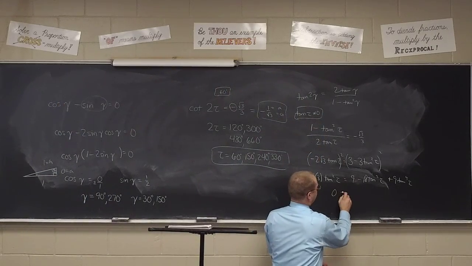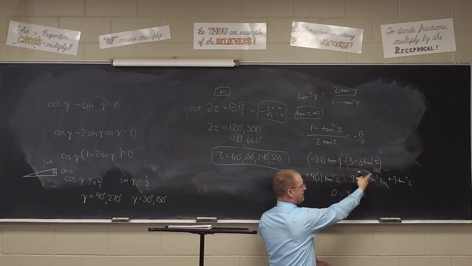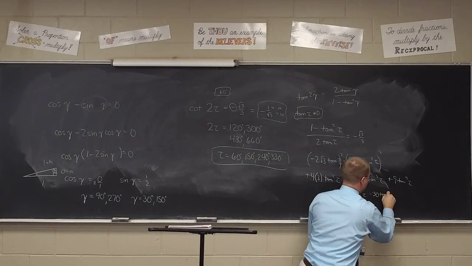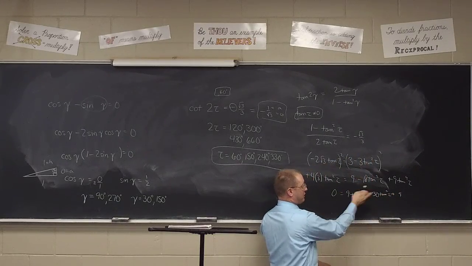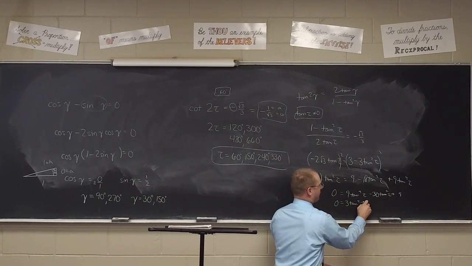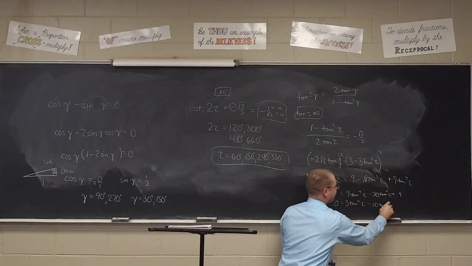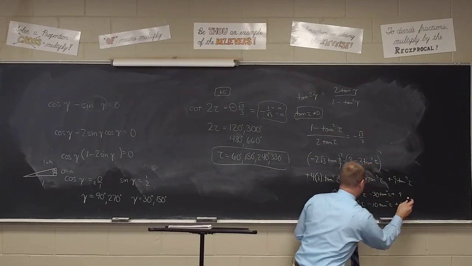All right, so set it equal to 0: 9 tangent to the 4th. Bring this over to get negative 30 tangent squared tau plus 9. I divide everything by 3 to make life a little easier. This is 3 tangent to the 4th tau minus 10 tangent squared tau plus 3.